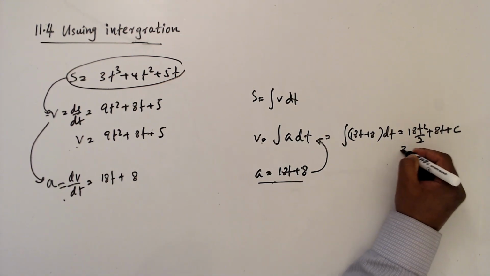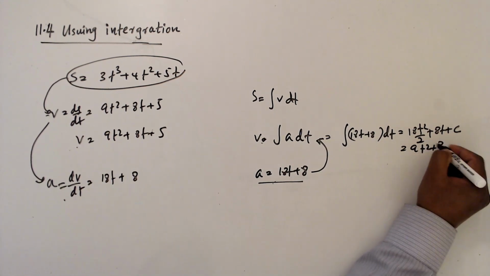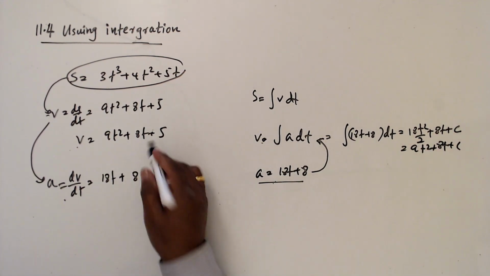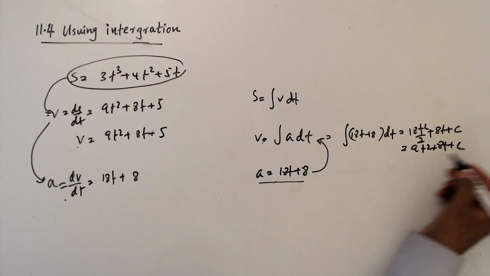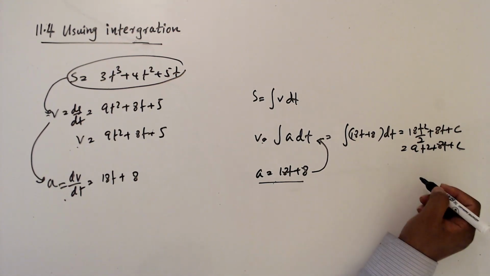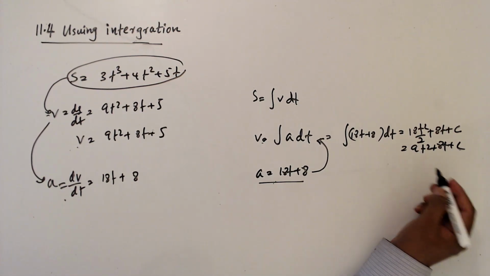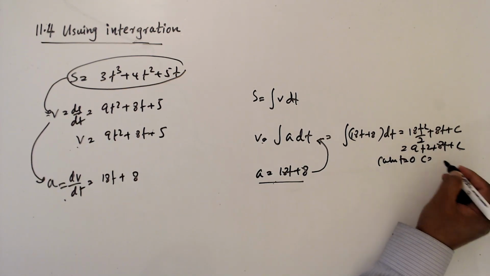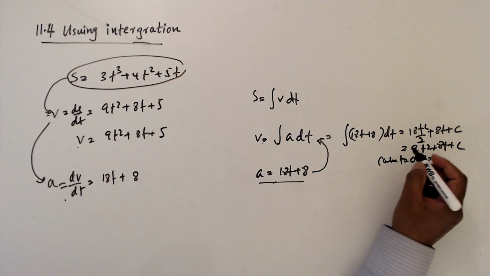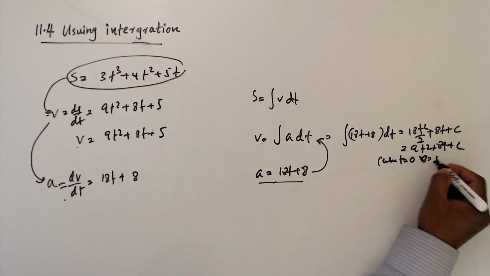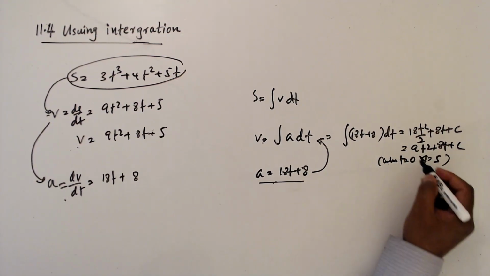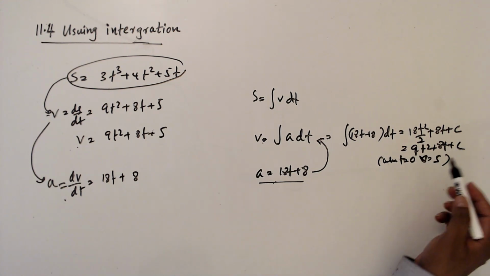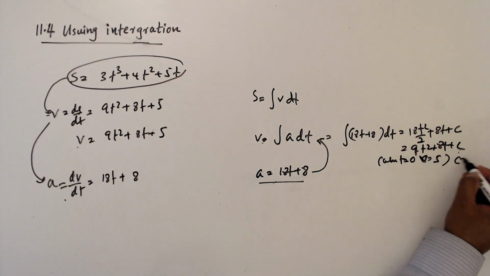Now 5 is missing, so they will give initial conditions to get this 5. I will give a condition: when t equals 0, v is 5. When you substitute this one, you will get c is 5.